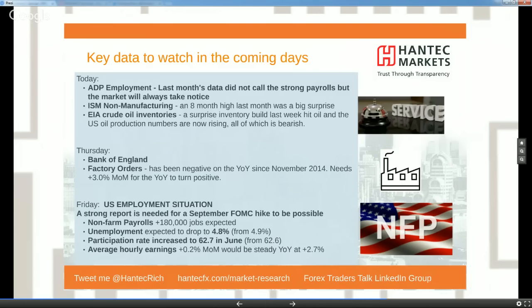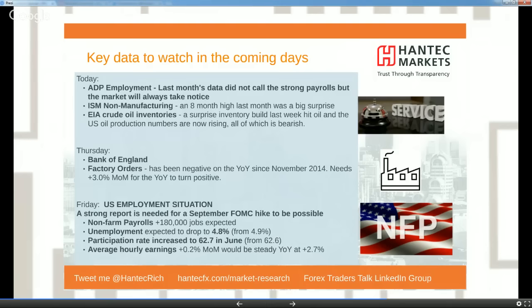ISM non-manufacturing is always interesting. It actually rose pretty strongly last month to 56.5, but the forecast today is 56.0.